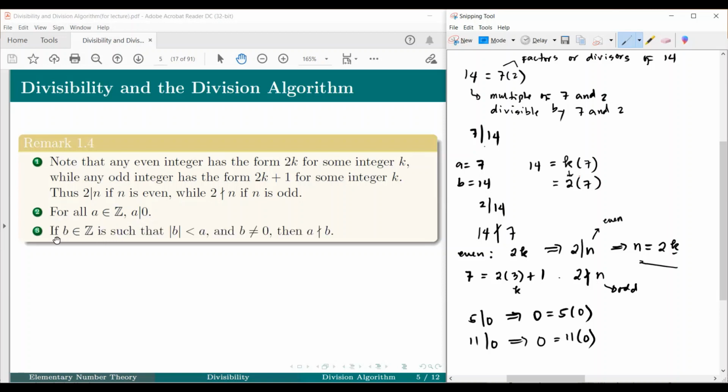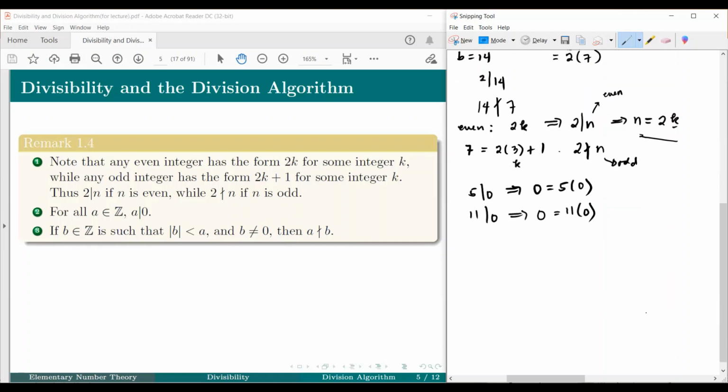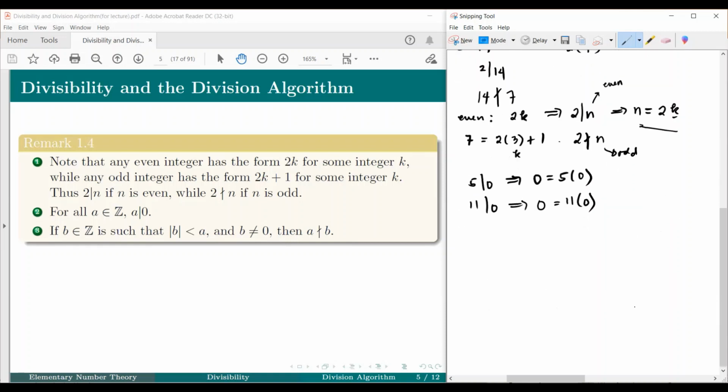And next, if b is an integer such that the absolute value of b is less than a, and b is not 0, then a does not divide b. Let's consider an example. Say b is equal to 4 and a equals 10.